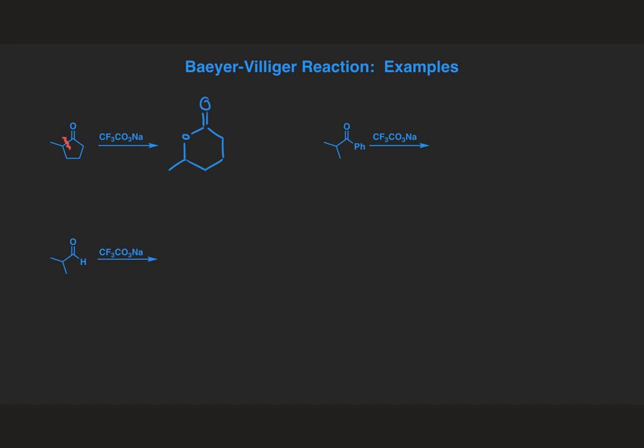In this case, we have a secondary group and a phenyl group, which were about the same. And so in this case, I expect that you don't really favor one product over the other, and this is going to give you a mixture where on one side you broke this bond and stuck an oxygen in between.